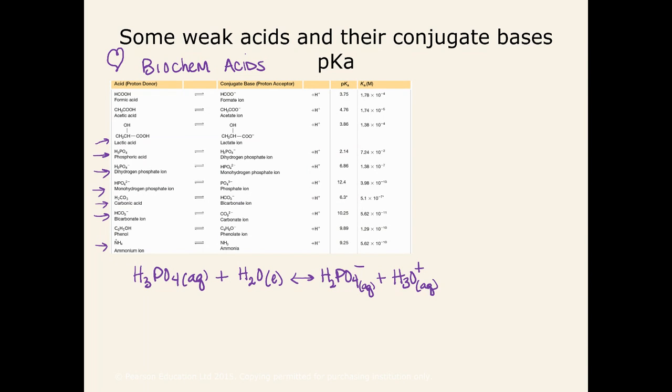All right, it's Ka. I'll write it up here. Product over reactants, no water liquid. Okay, its Ka value, let's look on the chart, is 7.24 times 10 to the negative 3.